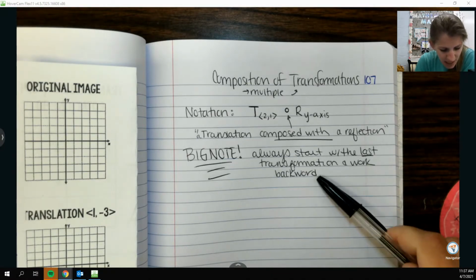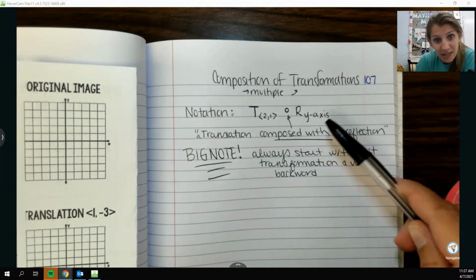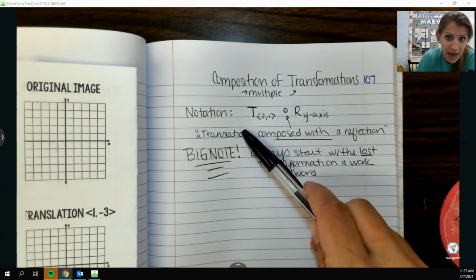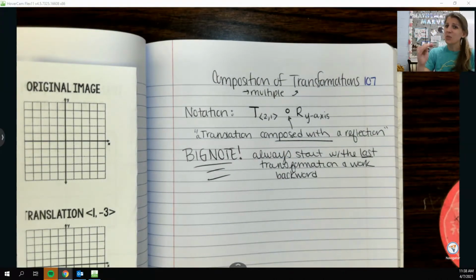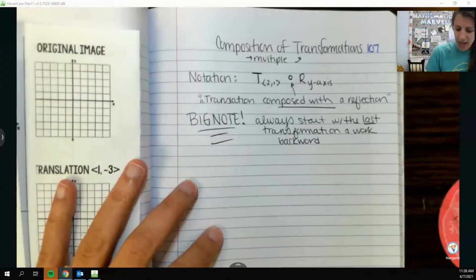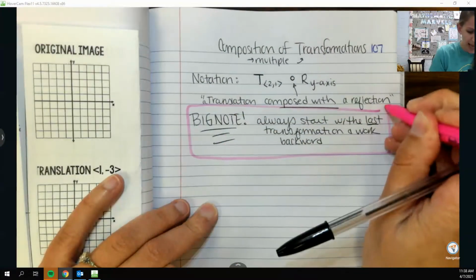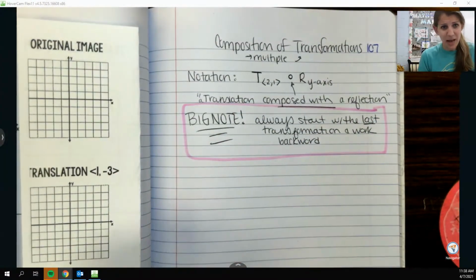Anyways, there is a good reason for it, and so you got to do it. You have to start at the end and work your way backwards, because it's kind of like one going into the other. Really big note: we have to start at the end and work backwards.